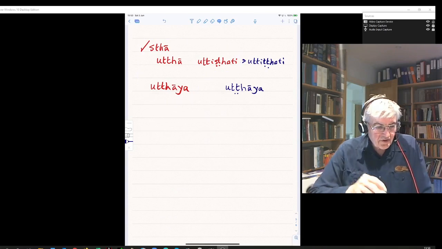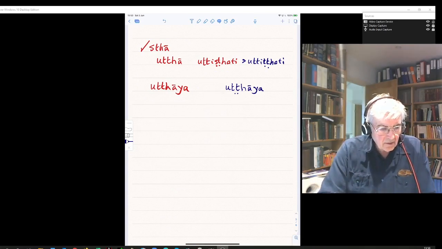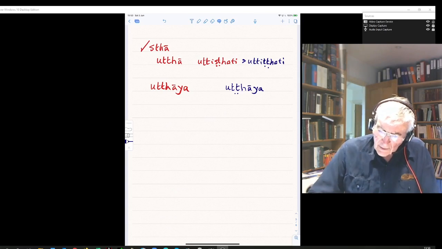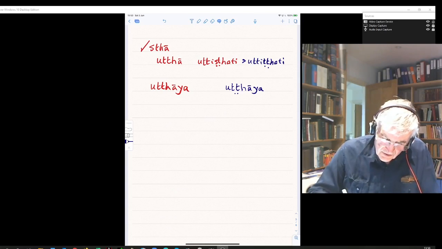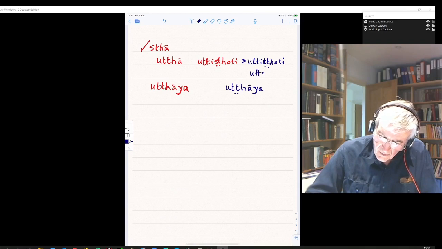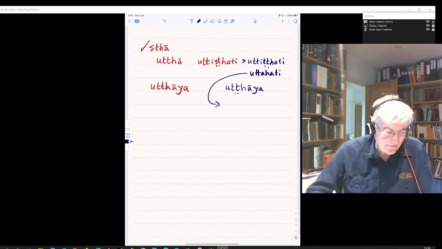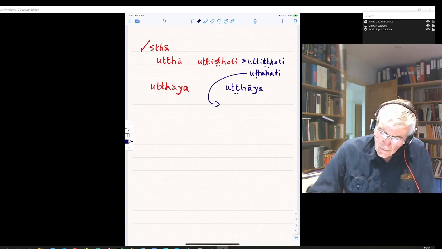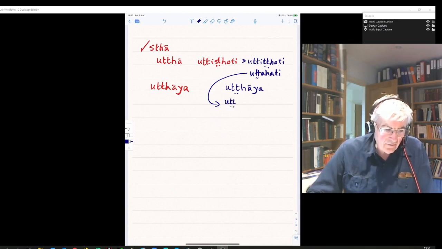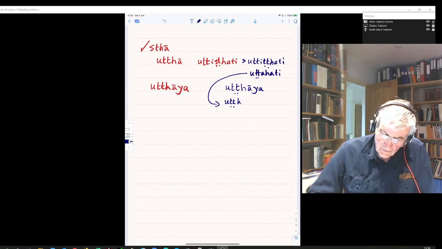But notice that Pali also allows uttahati. The Pali also allows itself to make its absolutive from the present stem. That's why in Pali you can have uttahitva.